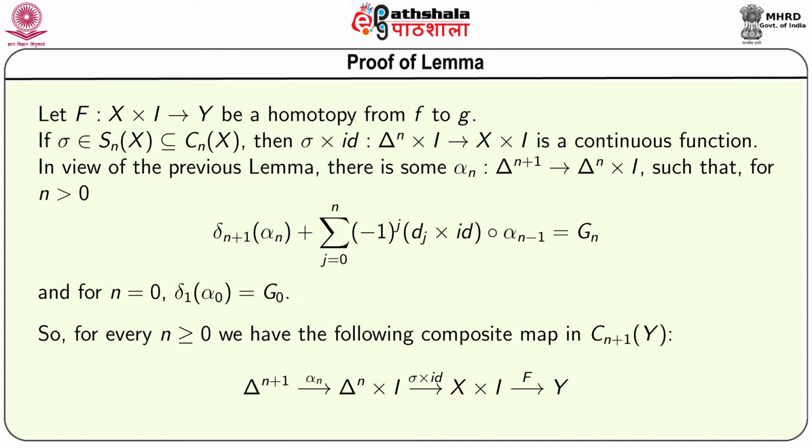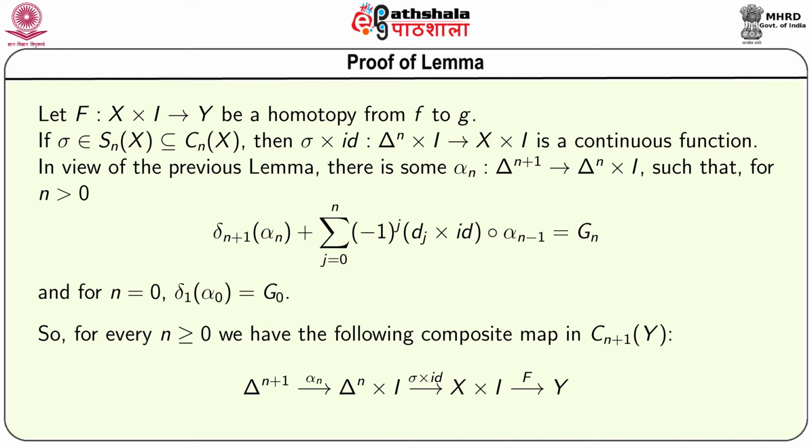In view of the previous lemma, there is some alpha n from delta n plus 1 to delta n cross I, such that for n greater than 0, delta n plus 1 alpha n plus summation j equal to 0 to n of minus 1 to the power of j dj cross identity composed alpha n minus 1 is equal to Gn, and for n equal to 0, delta 1 alpha 0 is equal to G0.